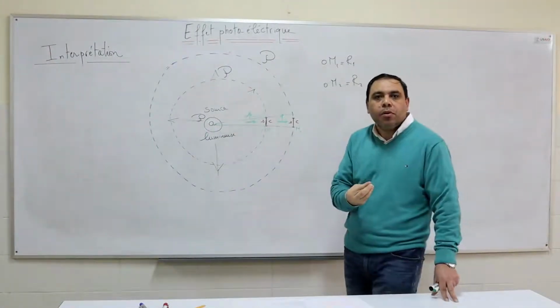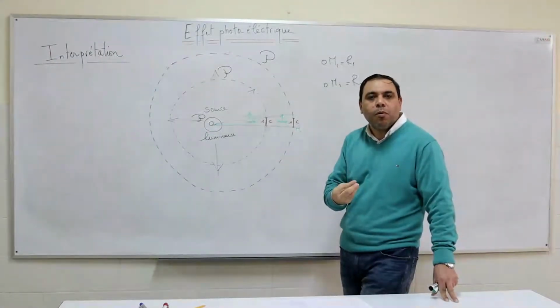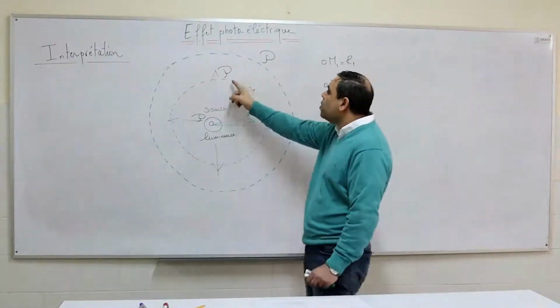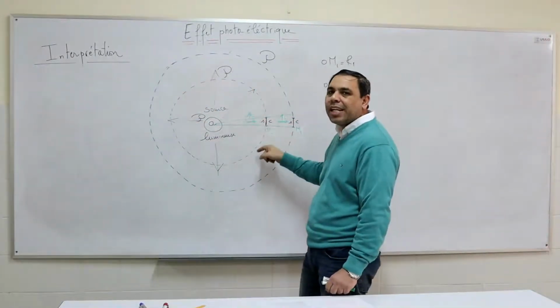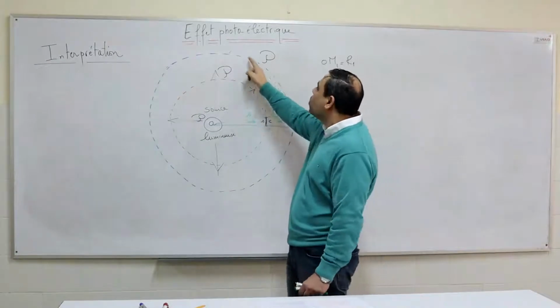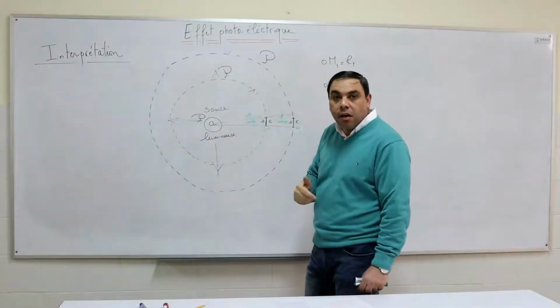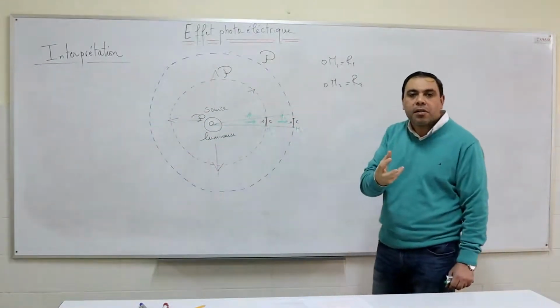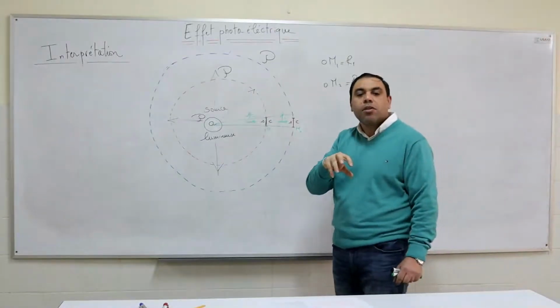Because the medium is assumed to be homogeneous and isotropic, the power will be uniformly distributed over each sphere. We conclude that the power and the surface area are proportional.